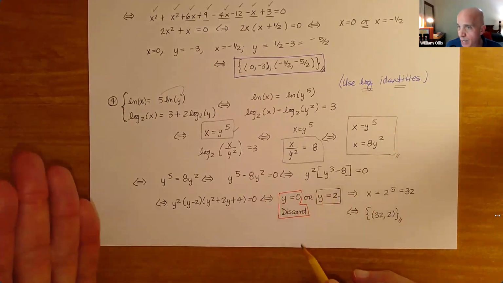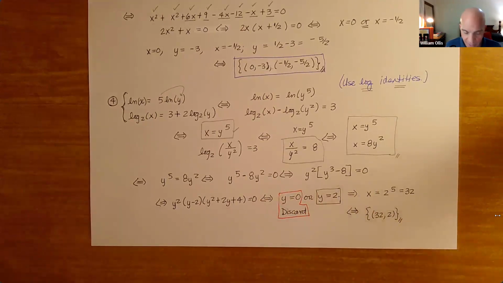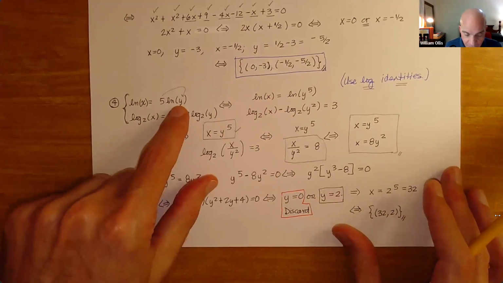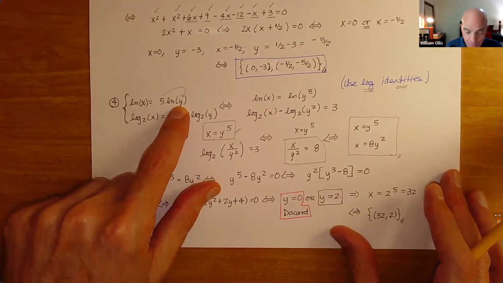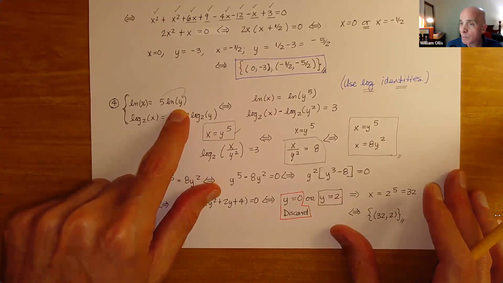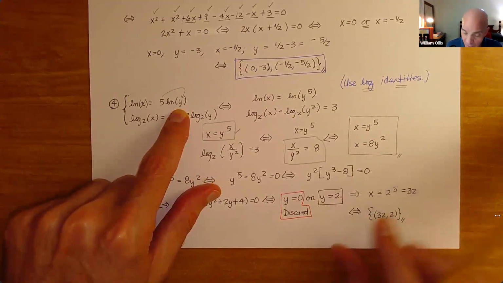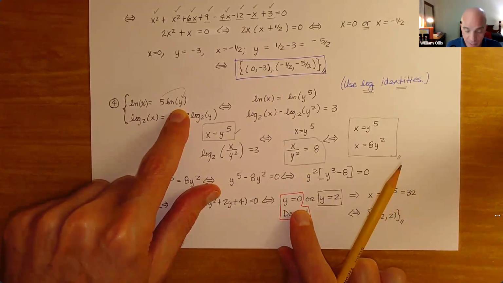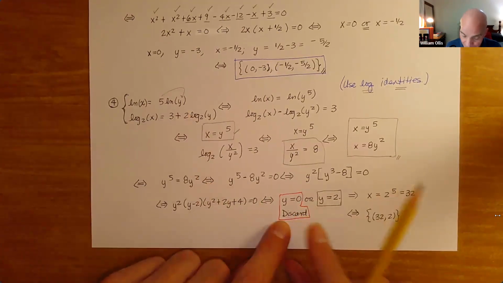That just gives us y equals 0. And of course, we get rid of that by looking at the original problem. We know that the logarithm arguments must be positive, and 0 is not categorized as a positive number, clearly, when we think about the domain of the logarithm function. So this must be discarded.